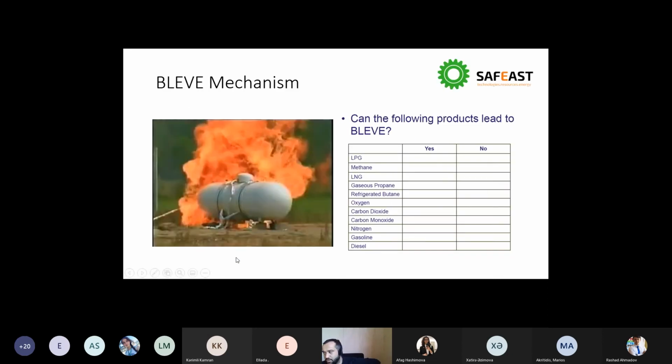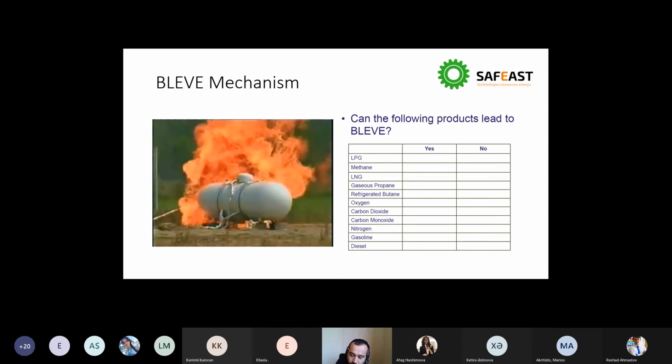So maybe a question. What do you think? Can a blaze occur following, let's say, LPG? Any idea? Let's say this material is LPG.